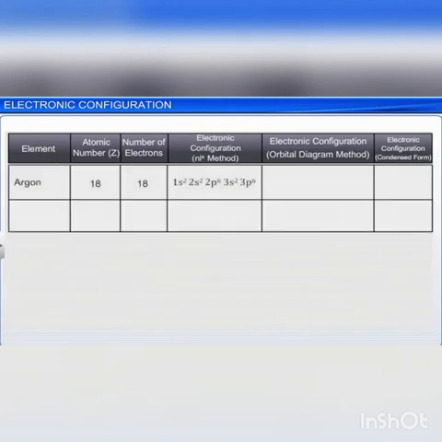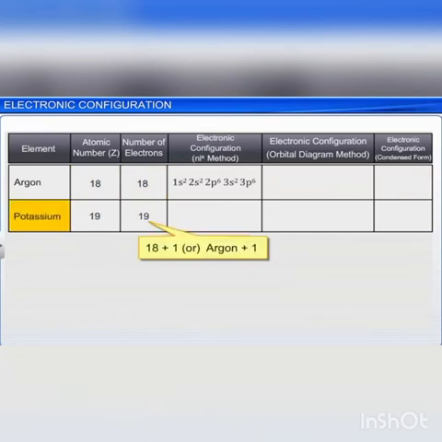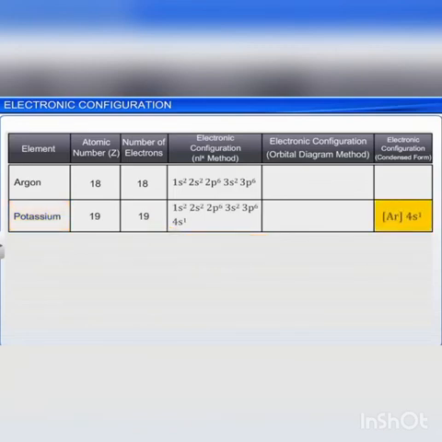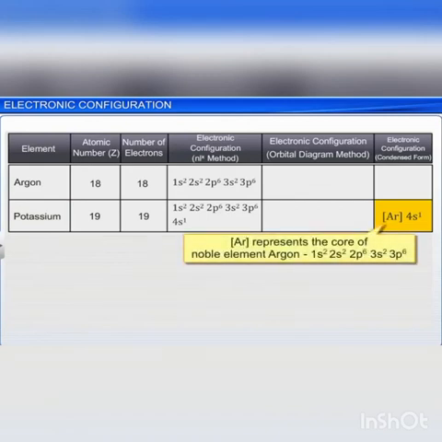Argon, whose atomic number is 18, has a completed 3p orbital. Therefore, the electronic configuration of potassium, which has one electron more than argon, can be written as argon 4s1, where Ar represents the core of noble element argon.